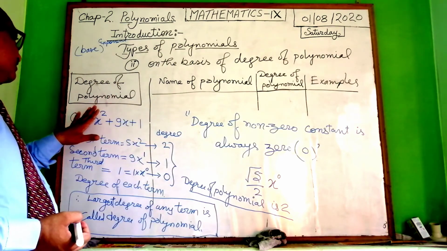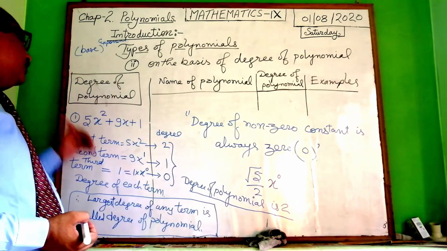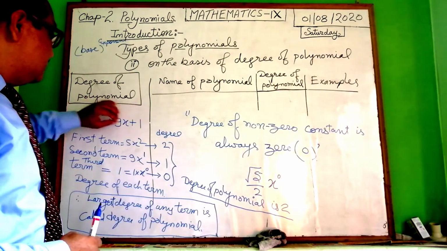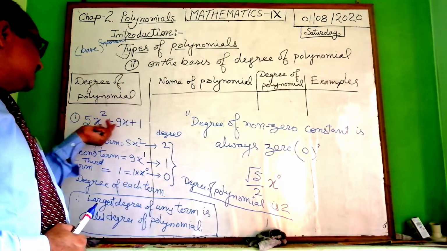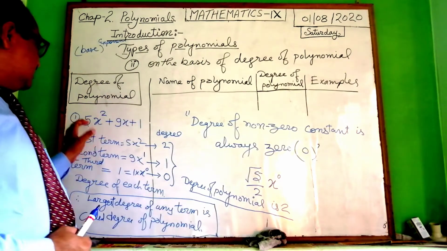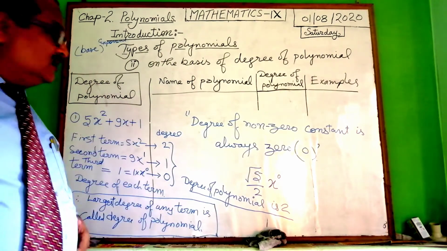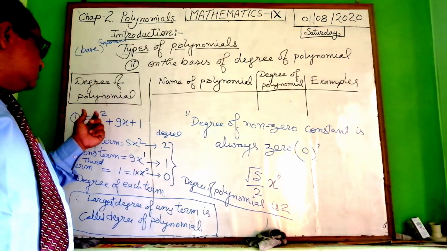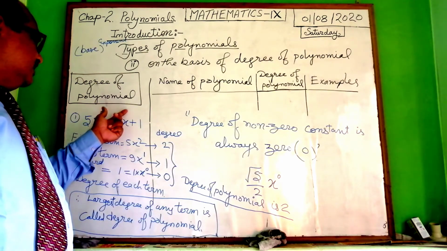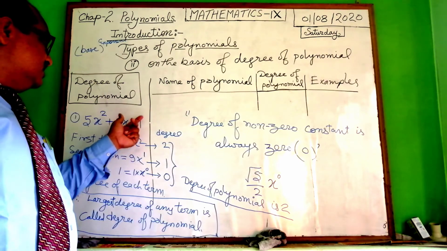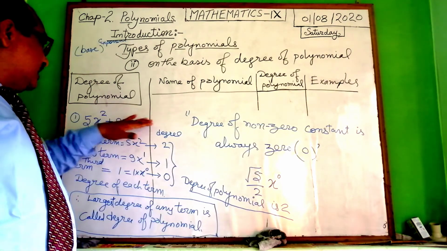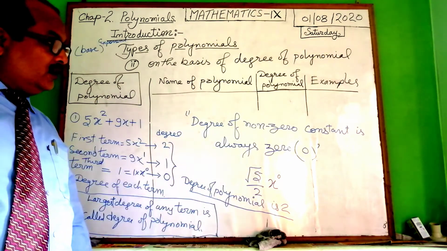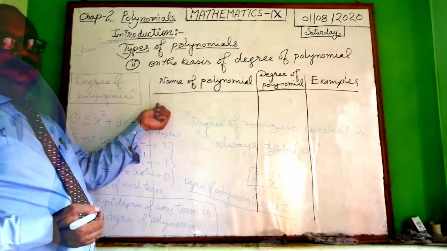What is maximum? That is the degree of the polynomial. This polynomial has 3 expressions, and expressions are also terms. Here 1, 2, 3 terms, and the degree of the first term is 2, the second term is 1, the third term is 0. So the maximum is 2. So we are writing the degree of the polynomial is 2.